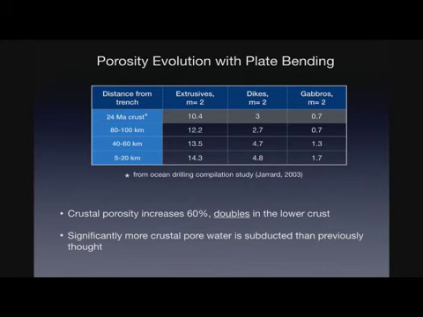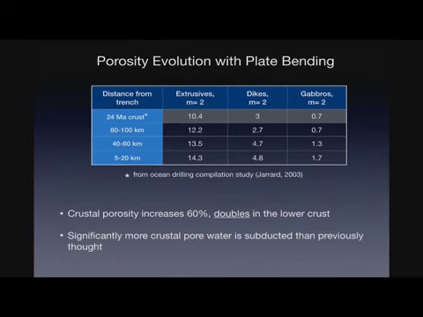And so that compilation was on a 24-million-year-old crust. And in the extrusives, there's a porosity of 10.4, in the dikes 3, and then in the gabbros 0.7. And 80 to 100 kilometers from the trench, the EM data predicts porosities of 12.2%, 2.7, and 0.7. So it's a pretty good agreement with this ODP compilation from the Cocos plate.